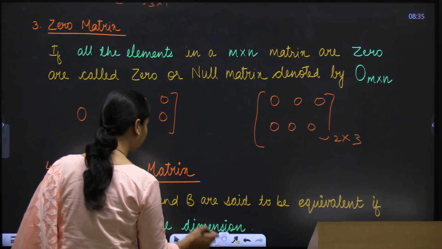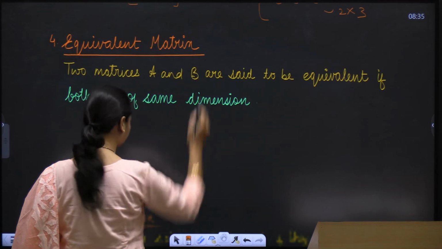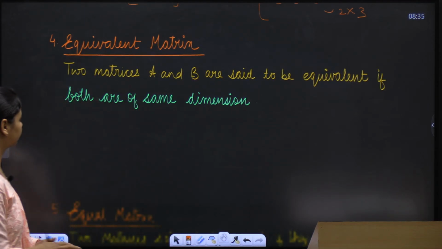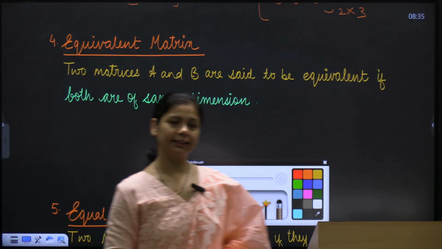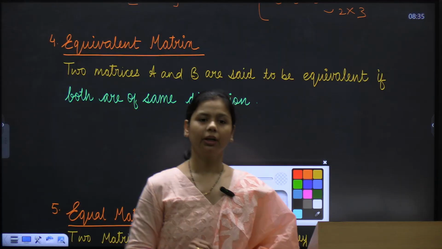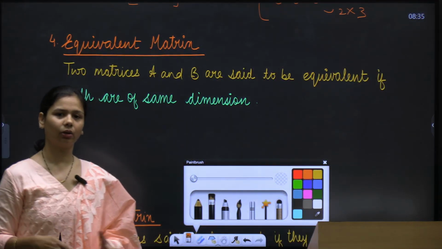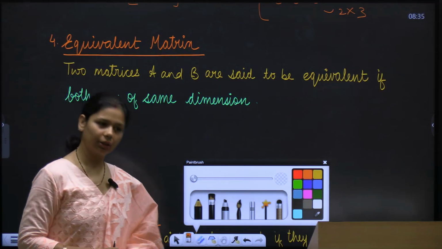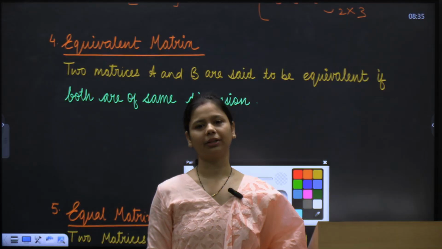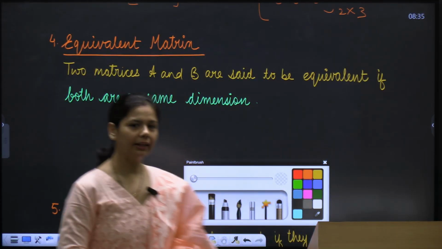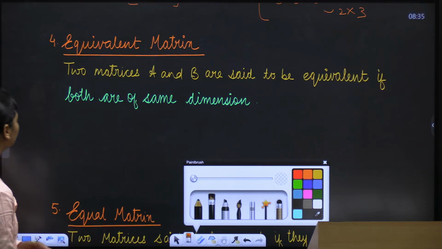Next, the equivalent matrix. Two matrices A and B are said to be equivalent if both matrices are of the same dimension. Like if the first matrix is of 2 by 3, then the second matrix must be of 2 by 3. Then we call them equivalent matrices.